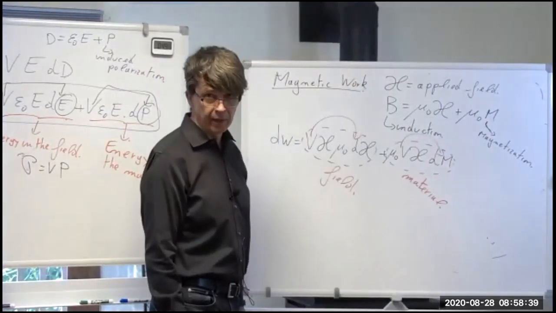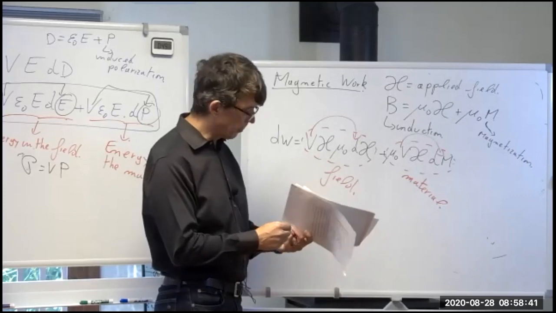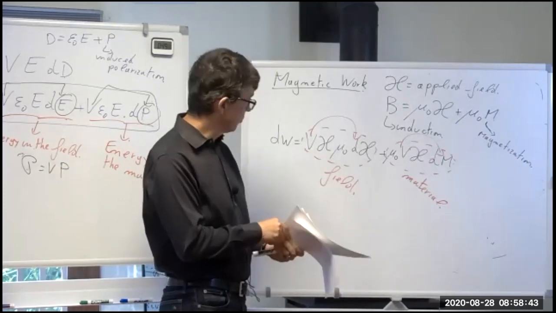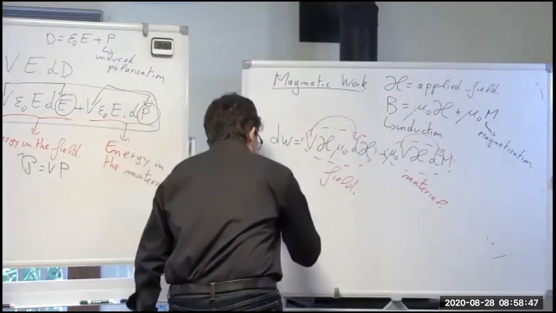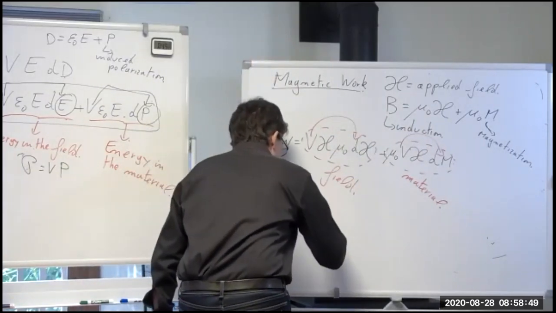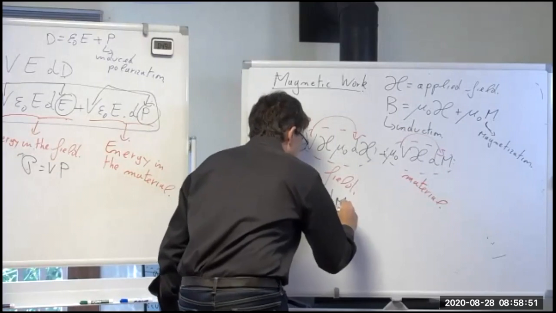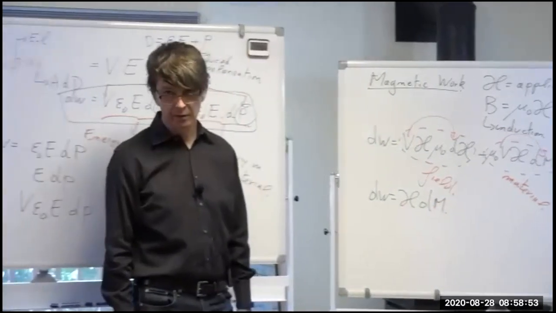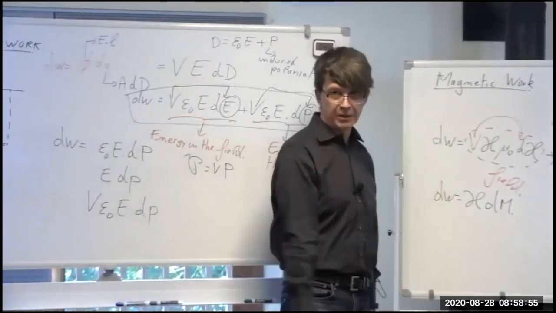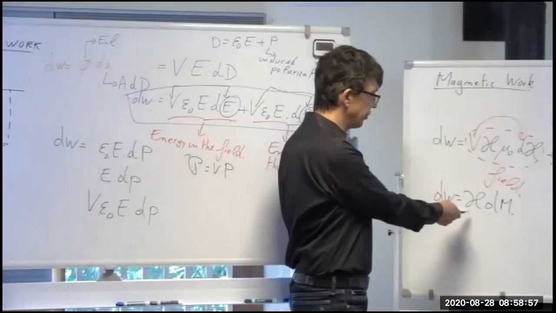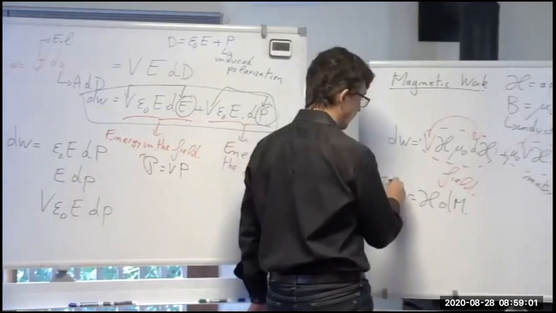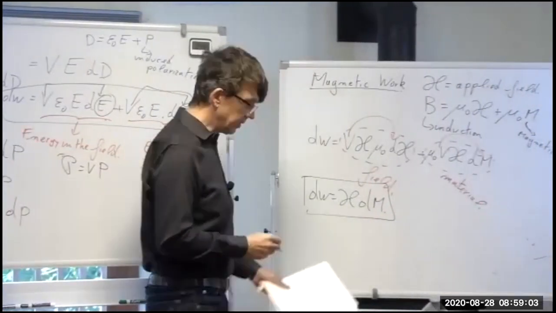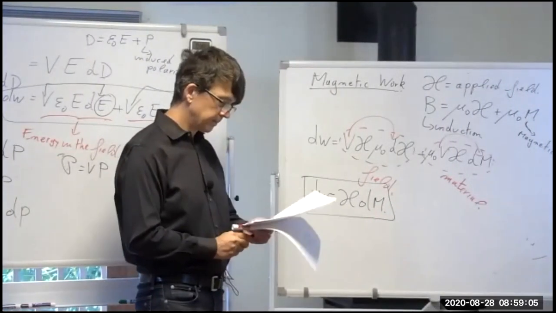And then occasionally I will drop the mu naught as well and work in my own units. So occasionally, just to go fast, I might write dW is just H dm. Okay? So these are the same expressions; I've just assumed different units for H and M. It's sort of a shorthand when we look at pieces of physics or derivations.